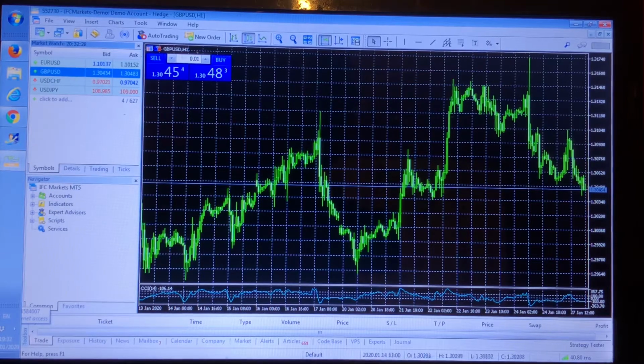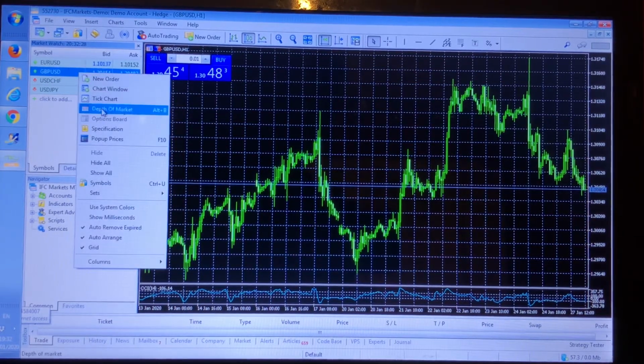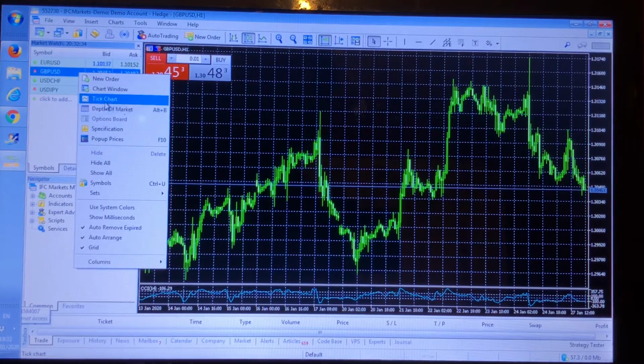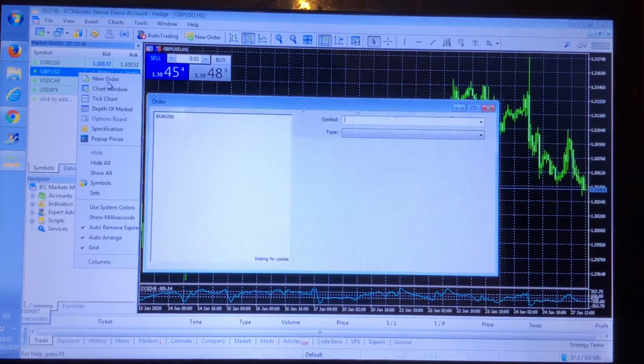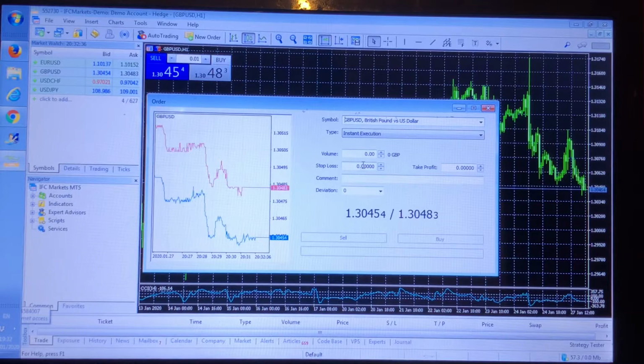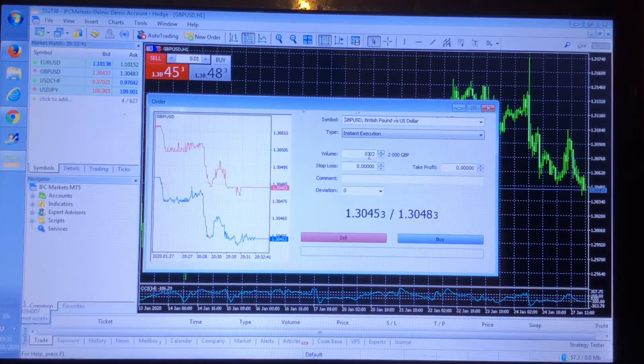Yeah. So new order. Volume, number of lots.